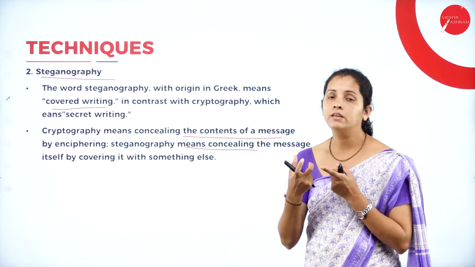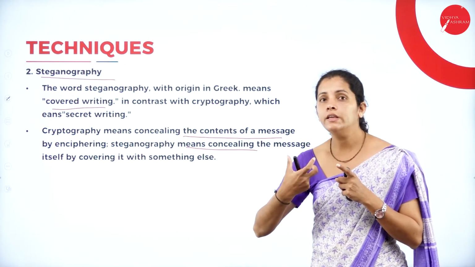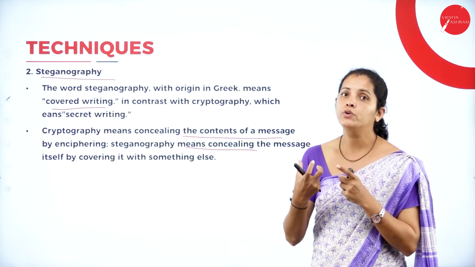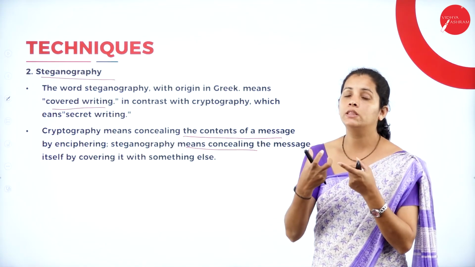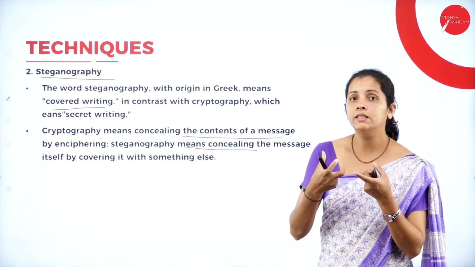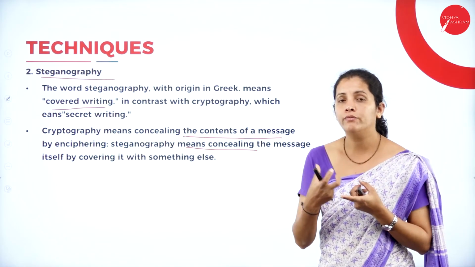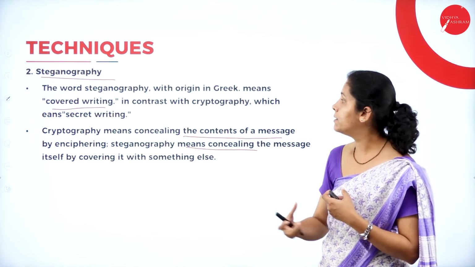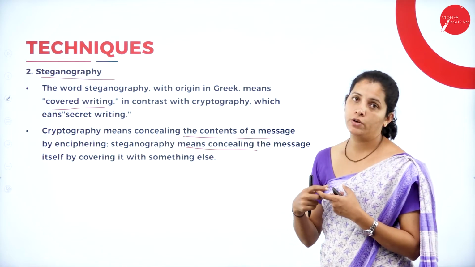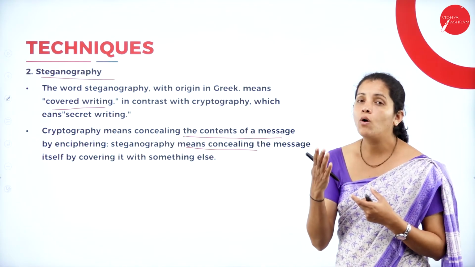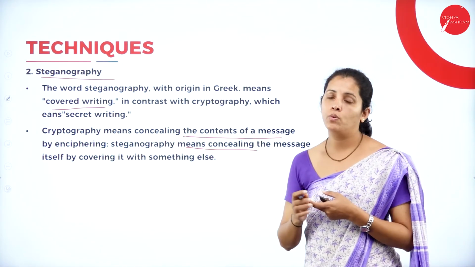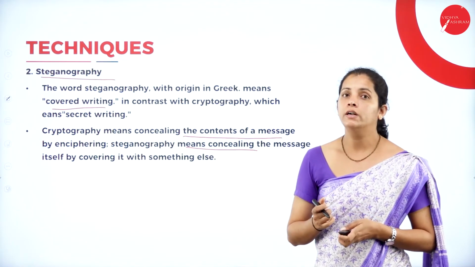So what is covered? We cover the data. That means we embed the data within a file. It may be an audio file, video file, image, etc., to provide security. This is the way you can provide security for your data.